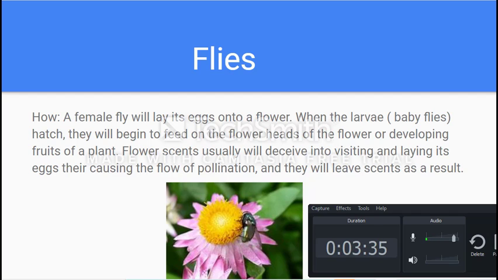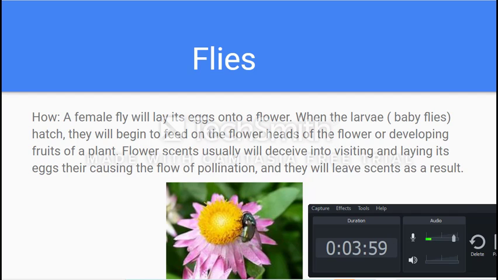And as they grow, other flowers around them will begin to attract them with scents. Flower scents usually will deceive them into visiting or laying eggs. They are causing the flow of pollination. They will leave scents as a result to carry on the flow of pollination as well.